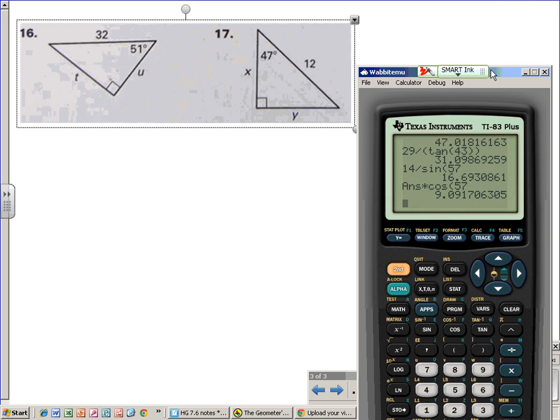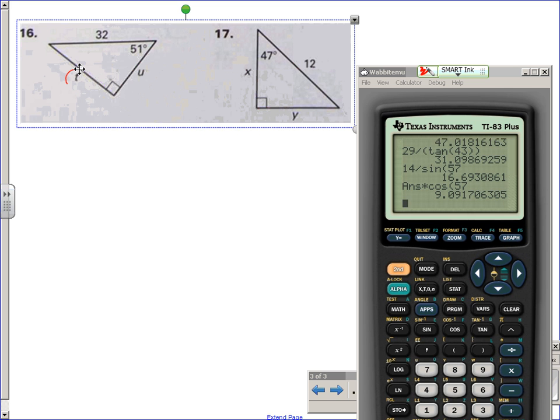All right. Similar examples. Again, let's just set them up. To find the value of T, that is the opposite side. The key thing here is just identifying. I'm dealing with a 51-degree angle. It's there. That makes T the opposite side. That makes U the adjacent side.